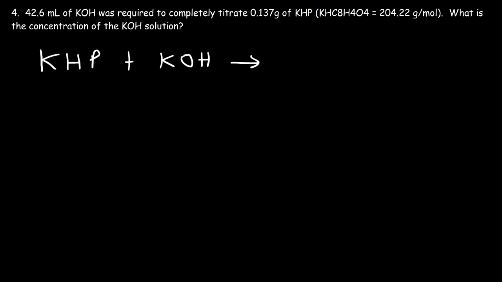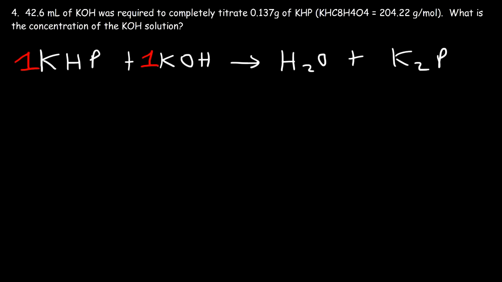And every time H and OH get together, they're going to produce water. After that, we're going to combine K with KP, so that's going to be K2P. And keep in mind, P is C8H4O4. So once again, we have a 1-to-1 molar ratio, which is what we're looking for in this example.